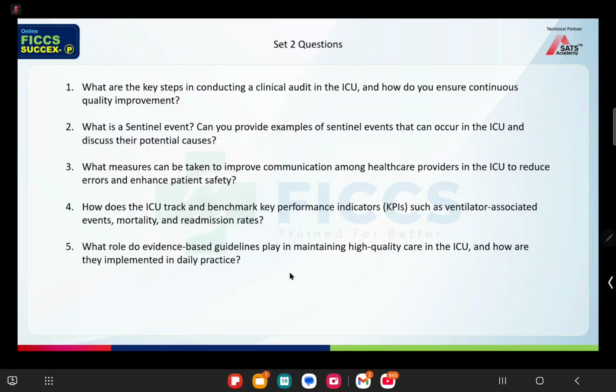I think, ma'am, sentinel events are unanticipated events which have occurred in our ICU. So probable ones can be underdosing or overdosing of a drug, or any kind of mishandling of the ET tubes, IV access, CVP lines or arterial lines.